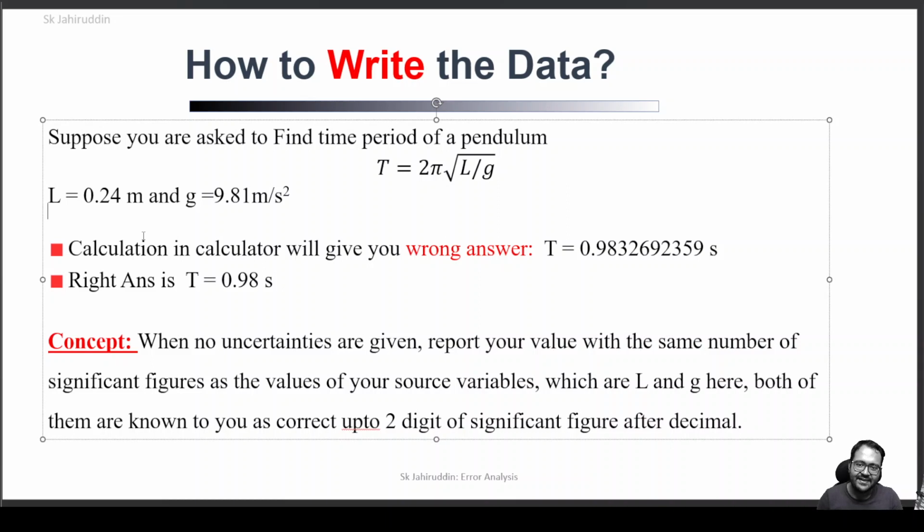Let's find what the time period will be. That's the important question: how do you represent the time period? If you just put the value of pi, multiply by 2, then take the square root of L by g, with L as 0.24 and g as 9.81, that exact calculation will give you an exactly wrong answer.